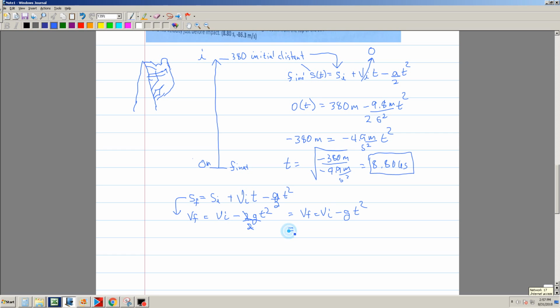Let's see if we can test it. The initial velocity on this one was 0 because he was resting on top of the Empire State Building, and we already know what t is, so we should plug it in there, so we should be able to find the velocity.